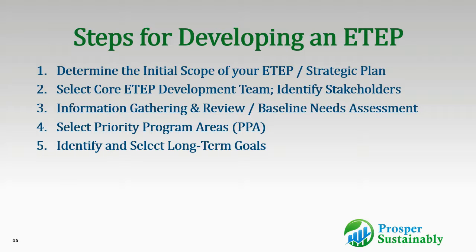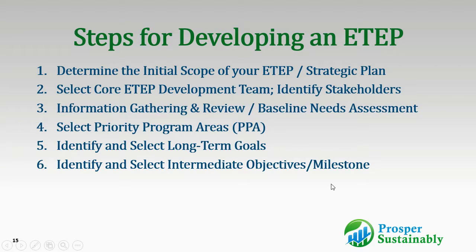So for each area, eliminating water pollution, eliminating air pollution would fall under the respective program areas of water and air. And you'll see more examples of that coming up. And then also identifying and selecting your intermediate objectives and goals, or your objectives/milestones. So the GAP guidance refers to intermediate milestones.